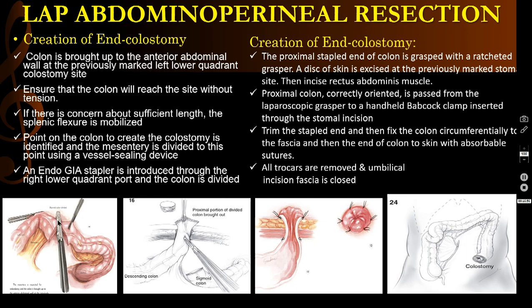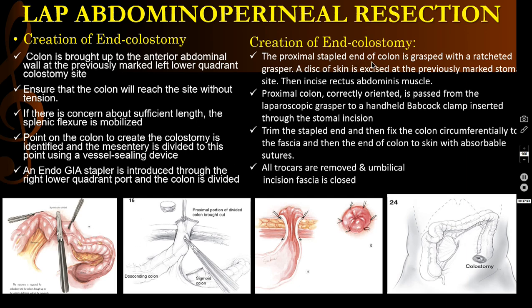This is the endo-GIA stapler. You divide the selected site, either at the descending colon and sigmoid colon junction or even in the mid sigmoid.